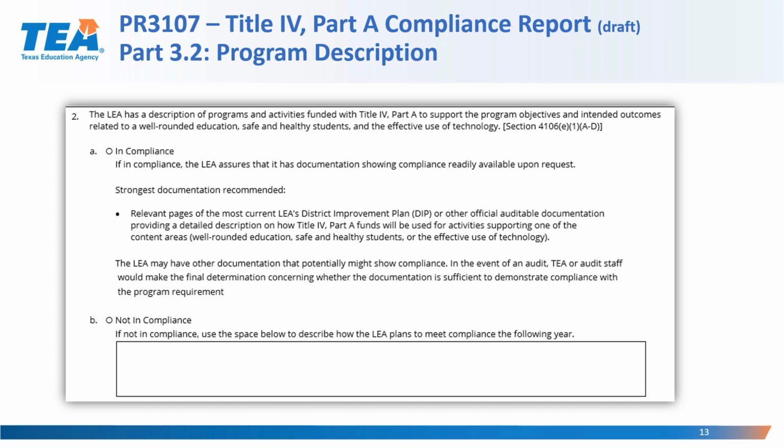In the event of an audit, TEA or audit staff would make the final determination concerning whether the documentation is sufficient to demonstrate compliance with the program requirement. If the LEA is not in compliance, click on 2B and use space below to indicate how the LEA plans to meet compliance of the requirement the following year.